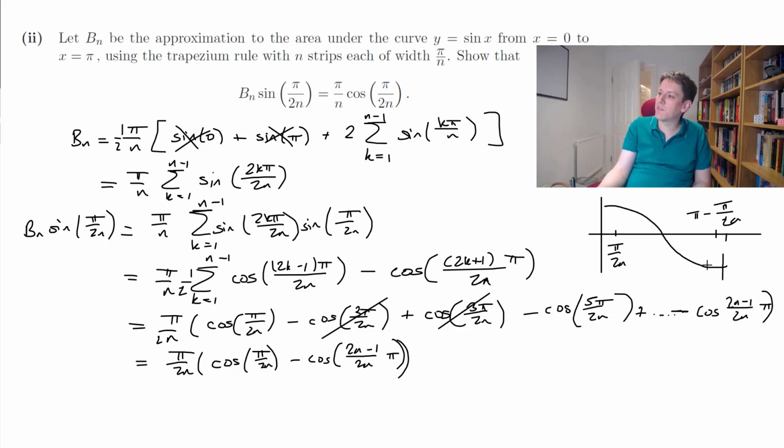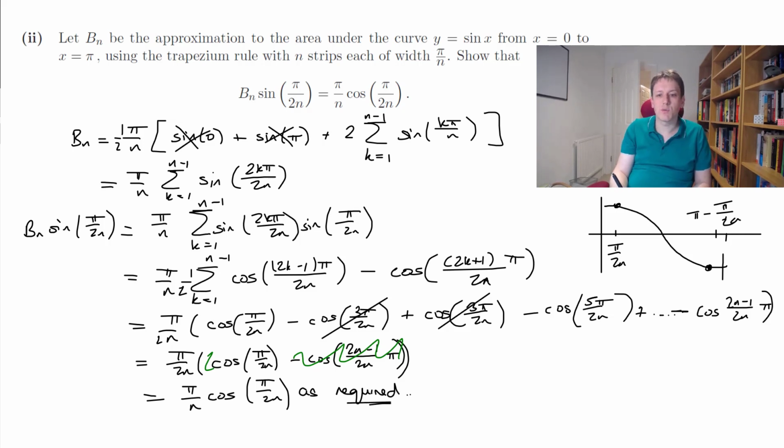So whatever the value of cos of pi over 2n, that's just minus the value of cos of pi minus pi over 2n. So actually I get minus minus, and I just get 2 of these. Then of course the 2's cancel, and I get pi over n cosine of pi over 2n, and again that's exactly what we were required to show there.